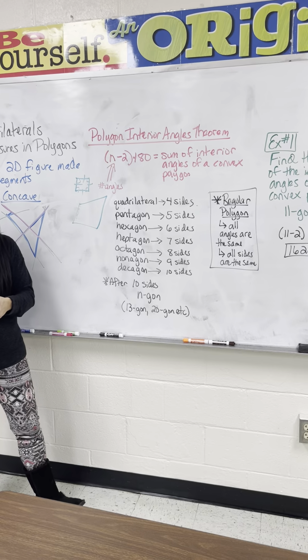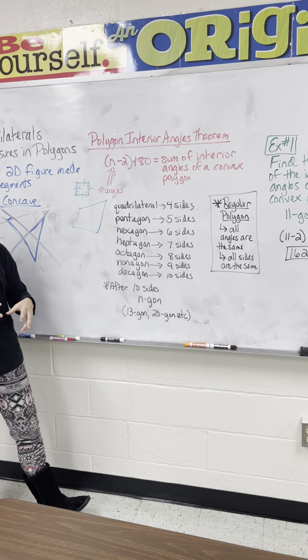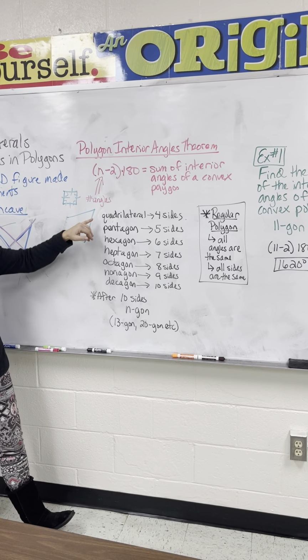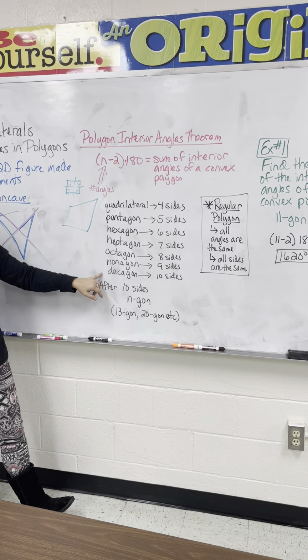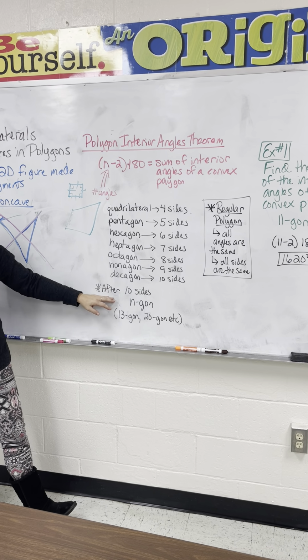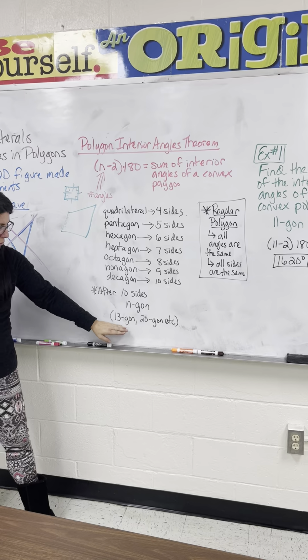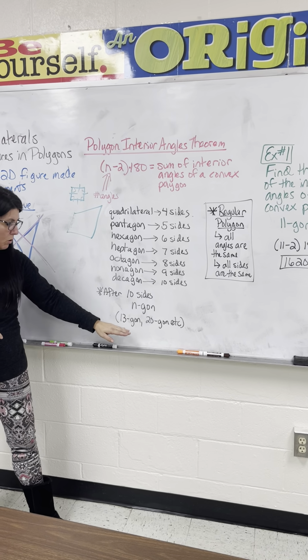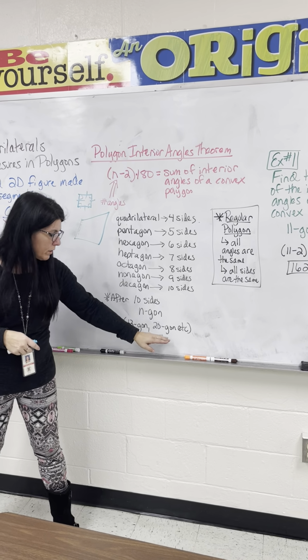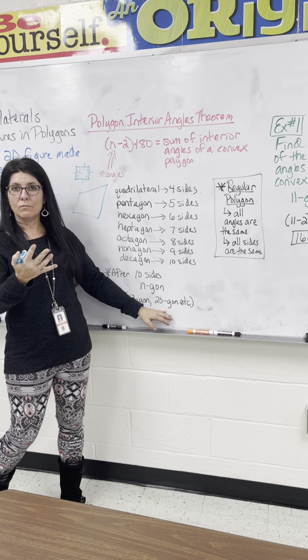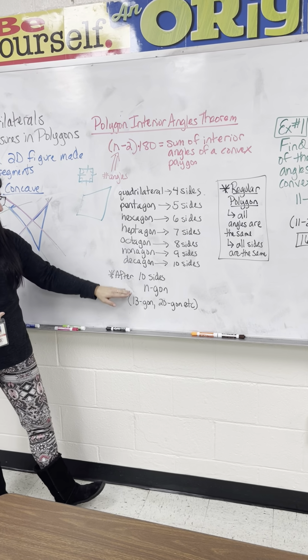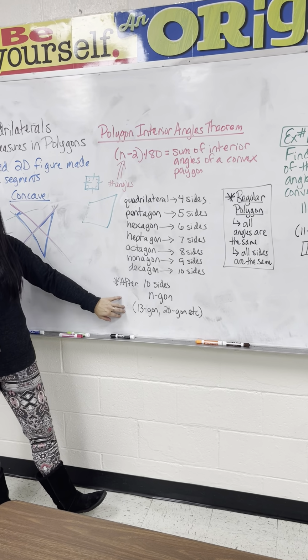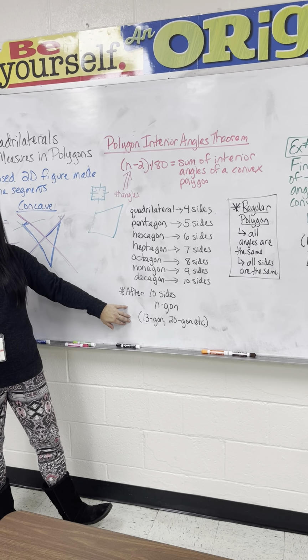But I'm not going to ask you to memorize those because that's not what's important right now. In this class, I want you to know these names all the way up to 10, and after that, we're just going to call them n-gons. So for example, if it's a 13-sided figure, we'll call it a 13-gon, or a 20-gon, or a 15-gon. Anything over 10, use this idea of n-gon, the number of sides gon, okay?